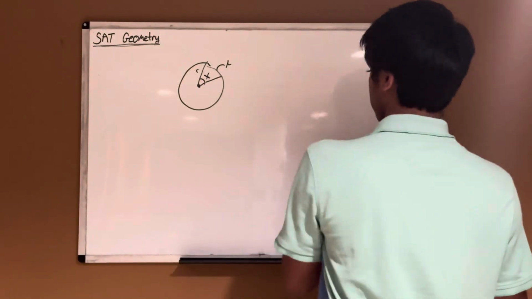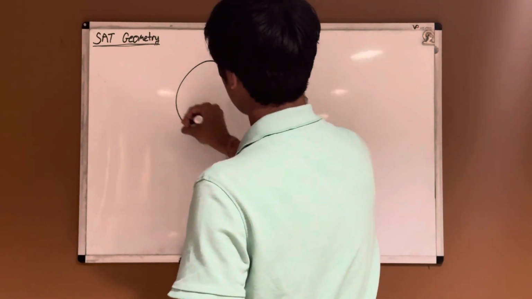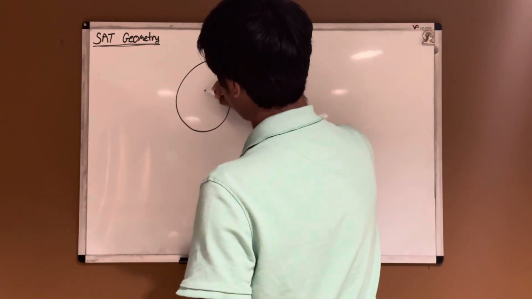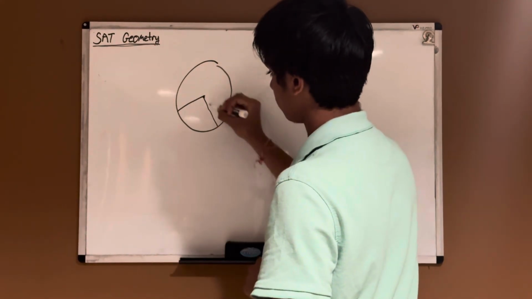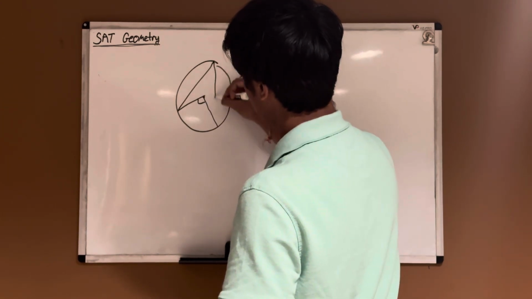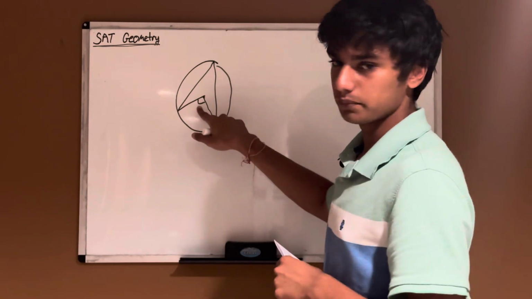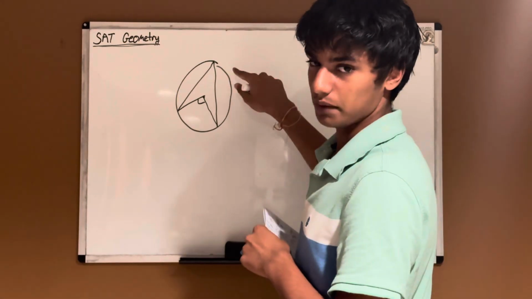Next, for angles in a circle, what you guys need to know is if we have a circle like so, and that's the center, and we have an angle created like so, then an angle like here. So this is called a central angle because it's an angle created using the center of the circle, and this is called an inscribed angle.